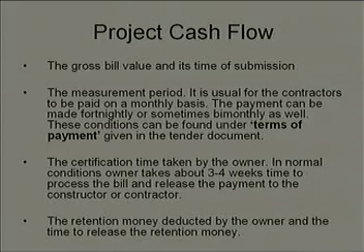For example, for drawing a project cash flow diagram, first of all I will tell you what a project cash flow diagram means. Basically, it is the pictorial representation of how much cash is coming into the project and how much cash is going out of your project, right. That is what is called a project cash flow diagram. Now, in a project situation, you will find that the main source of incoming for a contractor is the payment from the client.